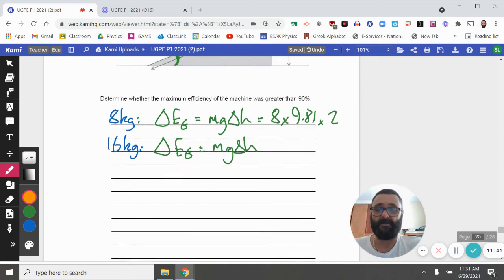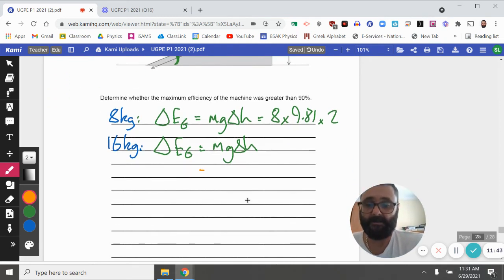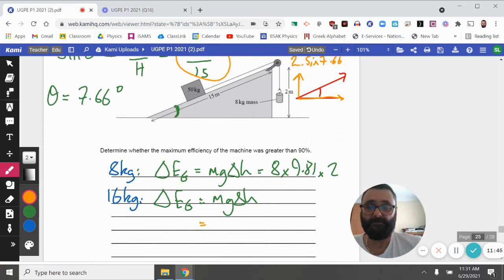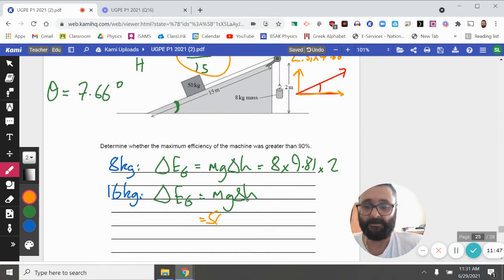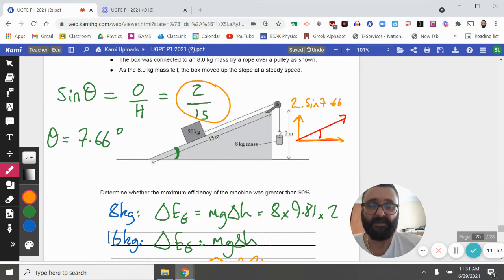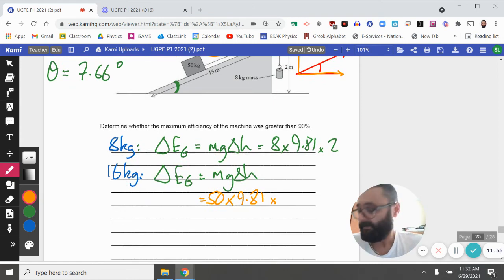So going back to here, we've got 50 kilograms going up times 9.81 times 2 over 15 times 2, which is 4 over 15, which is, I've written it down, 0.267, I think.